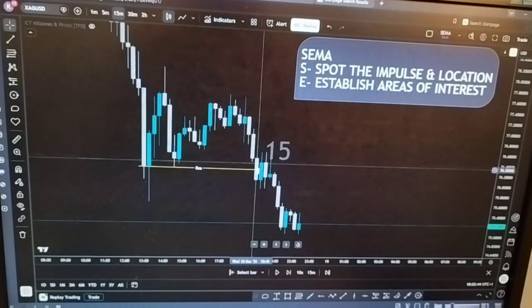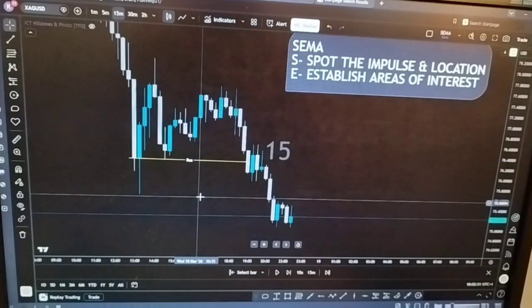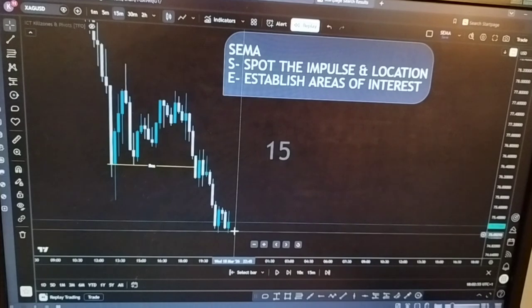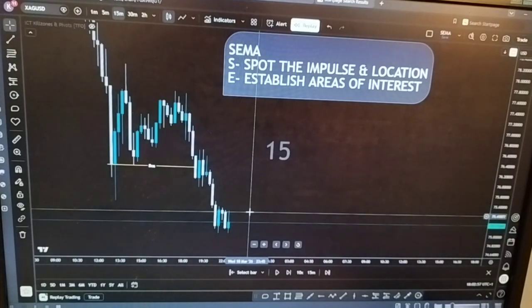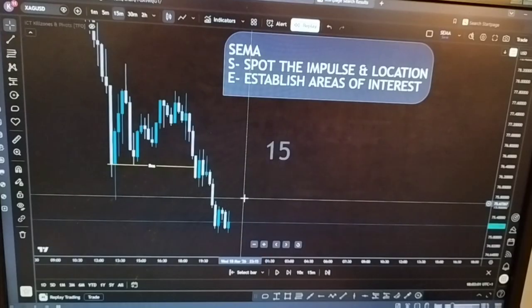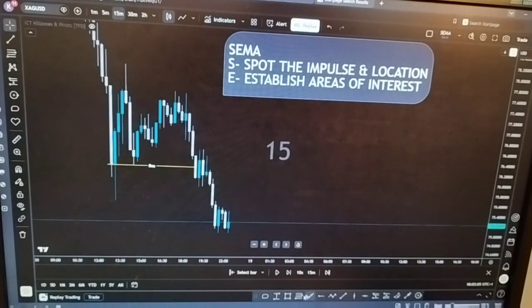So with this, you can spot the impulse, and you already know our criteria on how we spot the impulse. Now anytime there is an impulsive move or a break of structure, there are two major strong areas that the market always gives out every single time.